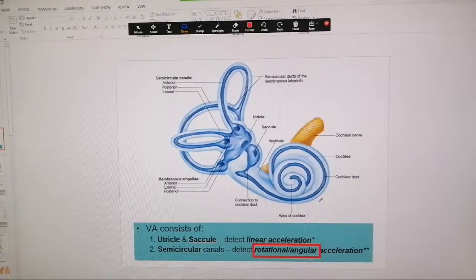So anything which puts the body in angular or rotational acceleration or deceleration will trigger the semicircular canals. Anything which puts you in horizontal linear acceleration, then the otolith organs will be triggered. Capish? Okay, there are no questions. We move along.